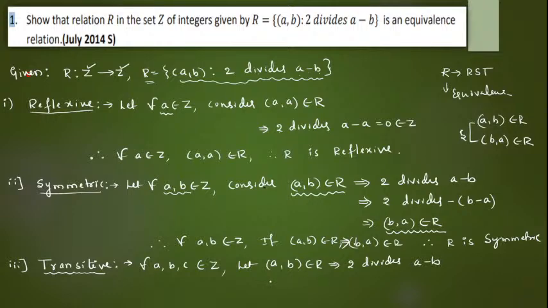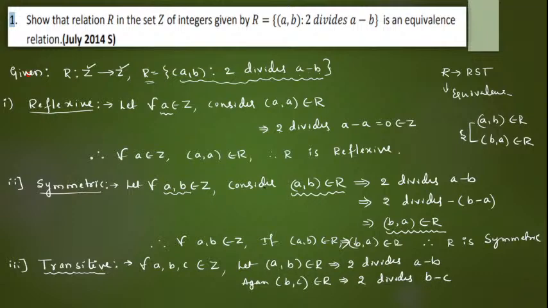Similarly, consider another ordered pair (b, c) also belonging to R. This implies 2 divides b minus c, right?